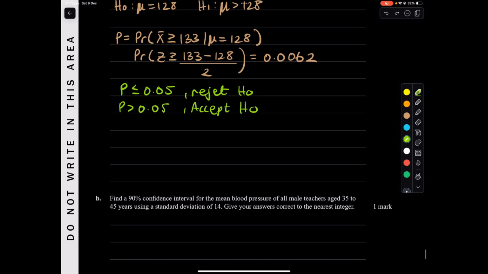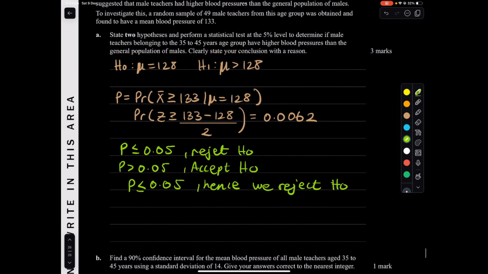So hence we want to say that p is less than or equal to your 0.05. Hence, we reject your null hypothesis.